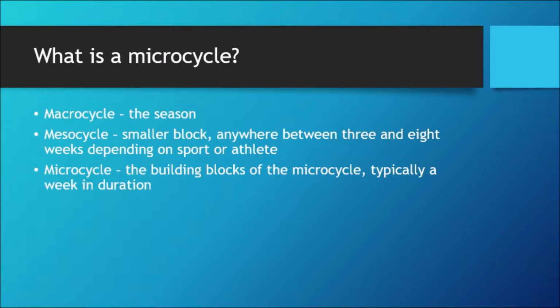Now, the mesocycle could be anywhere between 3 and 8 weeks, depending on the sport and the athlete, but generally you're probably looking at 4 to 6 weeks. Now, the microcycle is the smallest cycle amongst all of them. It's the building block of the mesocycle and typically is just 1 week in duration.